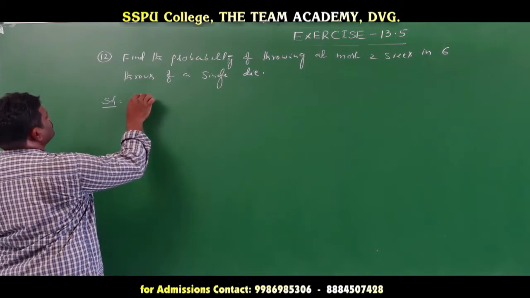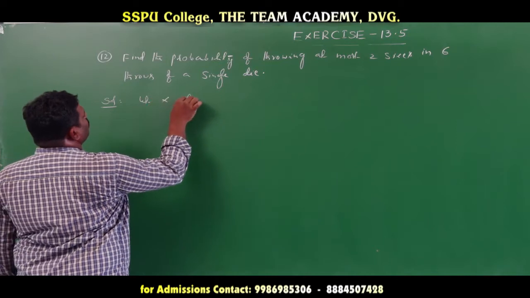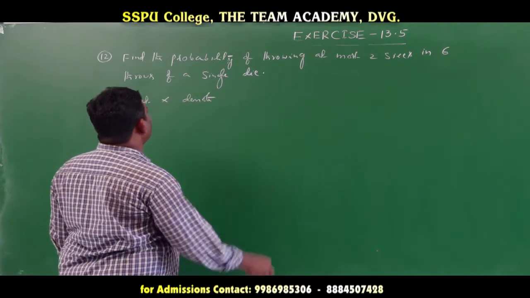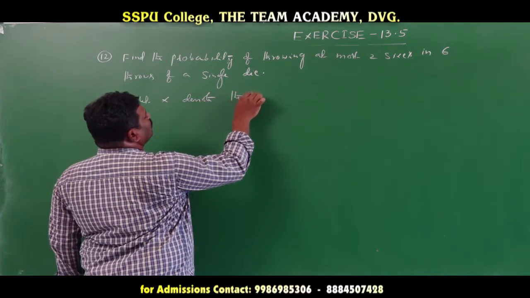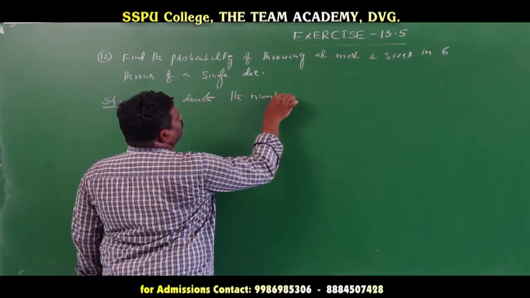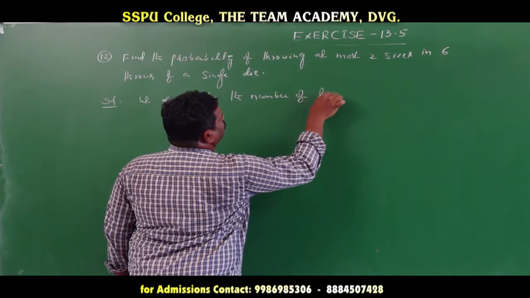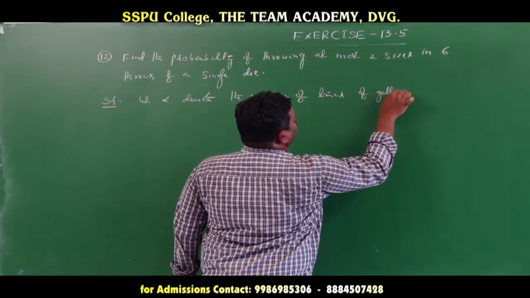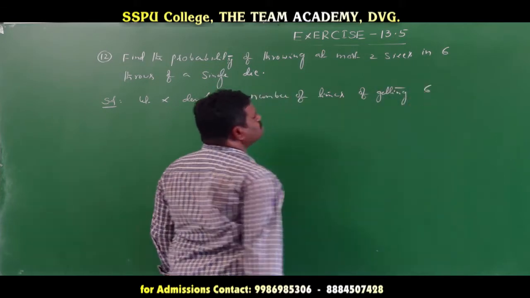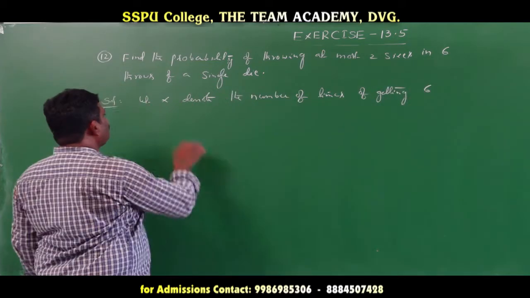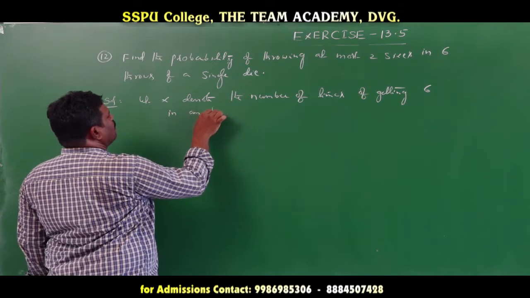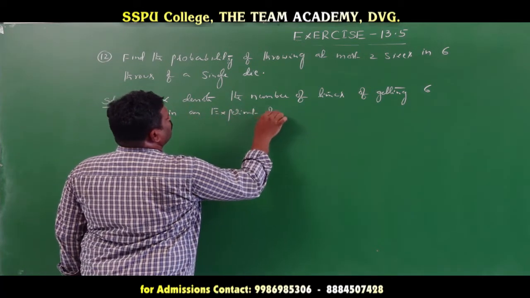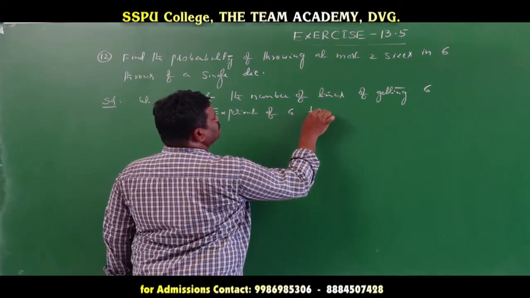First we represent: let X denote the number of times of getting a 6 in an experiment of 6 trials.